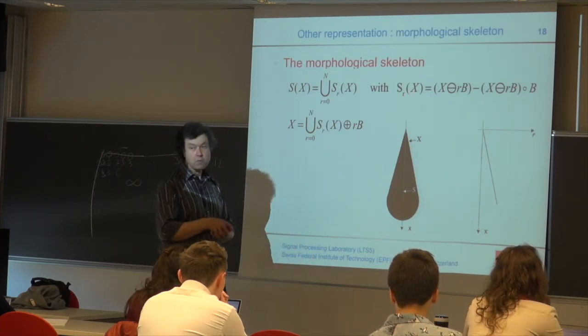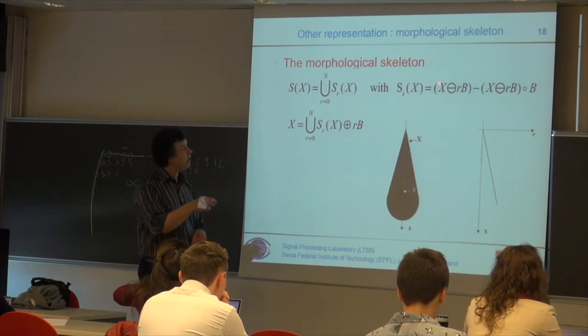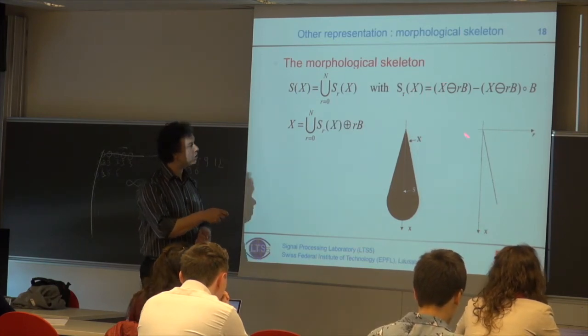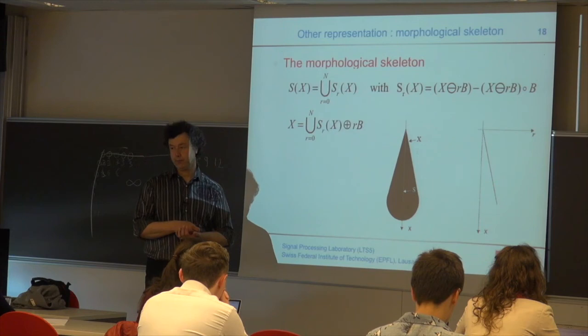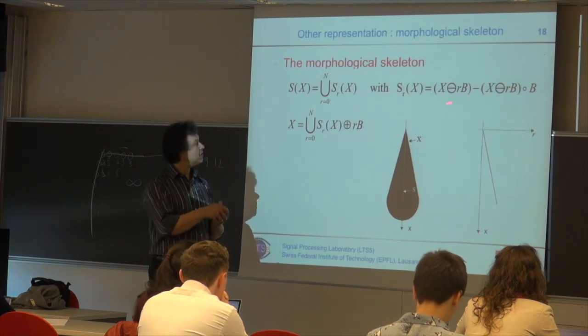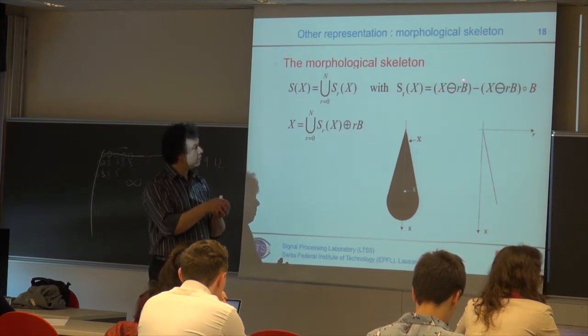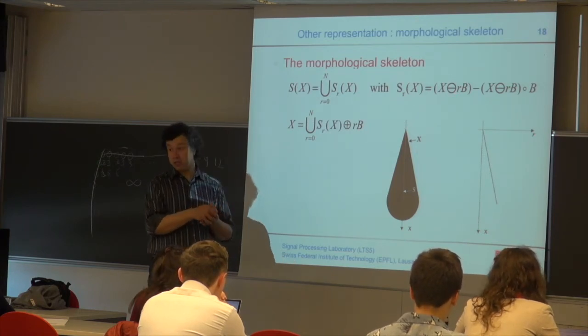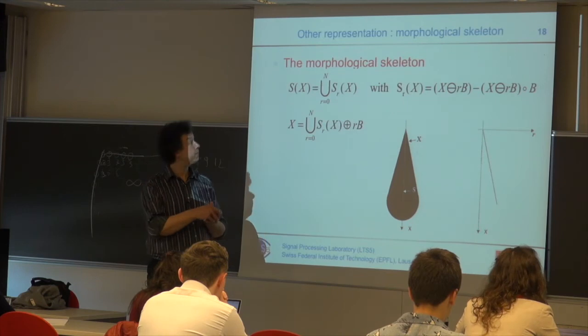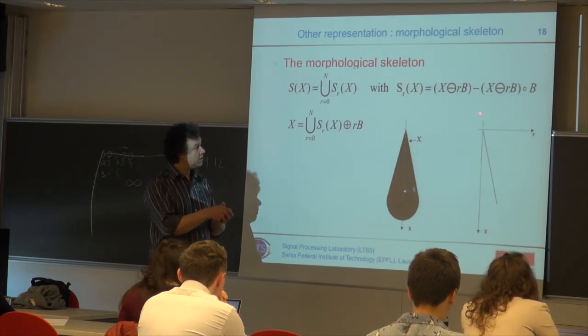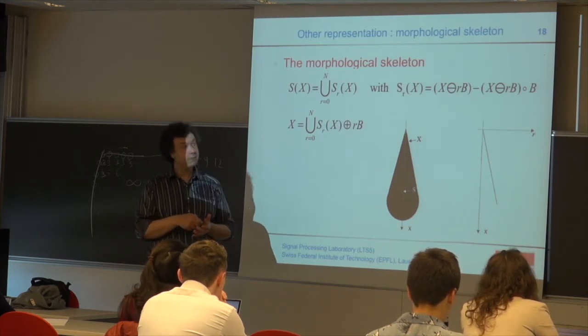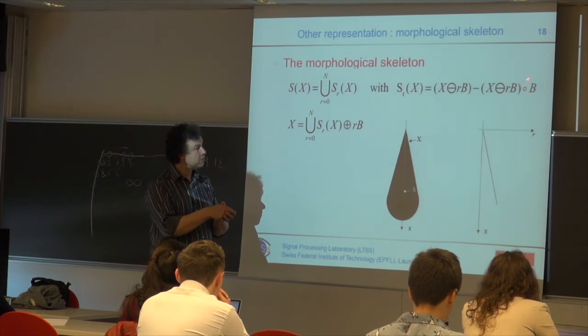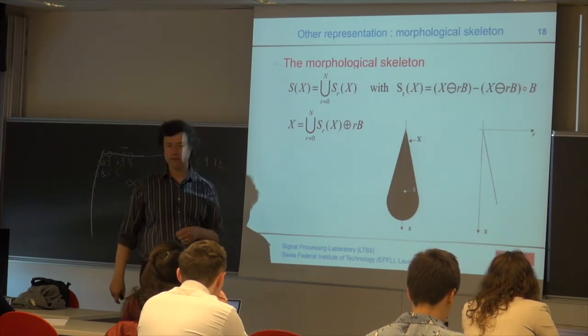Contribution number 0 is the result of this operation with r equal to 0. So it's the result of the object eroded by nothing, r being 0, minus the object eroded by nothing, opened by b.